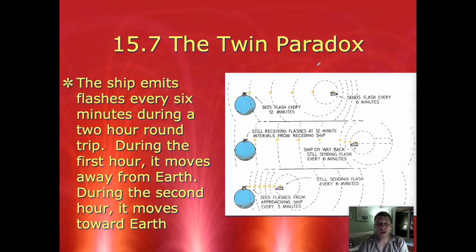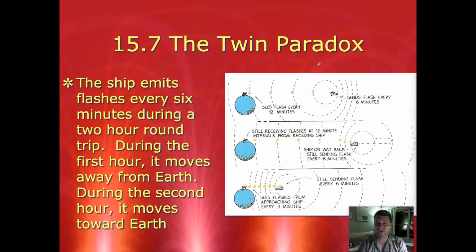So for the first 12 flashes, or I'm sorry, the first 10 flashes, because if you're traveling outward for an hour and you send one flash every 6 minutes, that would be 10 flashes. The observer on Earth will see the first 10 flashes every 12 minutes, but will see the last 10 flashes, as the ship is coming back toward the Earth, every 3 minutes.